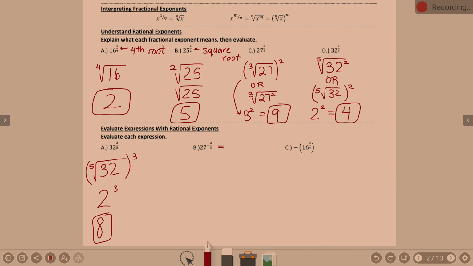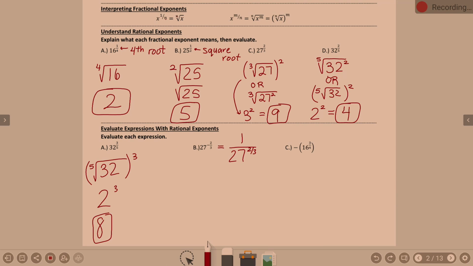So what's a negative exponent do? It moves it to the denominator. So this problem, before I ever begin, becomes 1 over 27 to the positive 2/3. Anytime you see a negative exponent, step 1 is move that negative exponent to the positive. When you move it across the fraction bar, it makes it positive. Okay, that's a rule you guys already know. You just forgot.